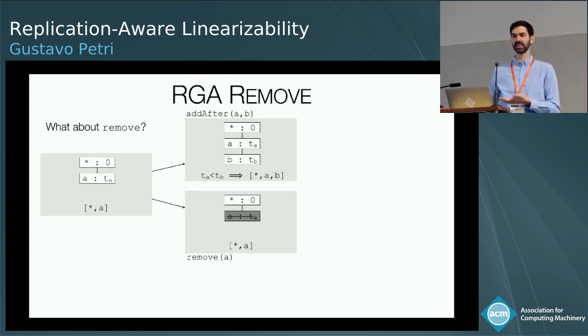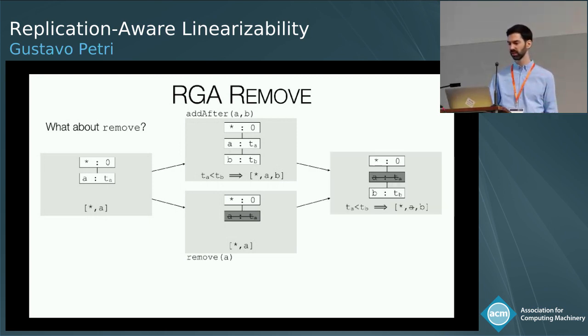Because you can't add after something that is not there. So RGA, instead of actually removing the object, is just going to mark it as being removed. So reads don't return it, but the item stays there. That makes the placement of B unambiguous, all right? So this is usually called a tombstone as an implementation detail, and that's what we're going to be doing.